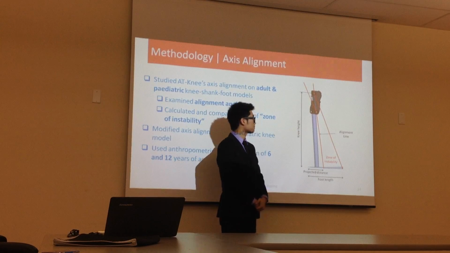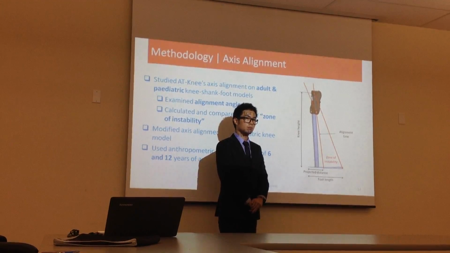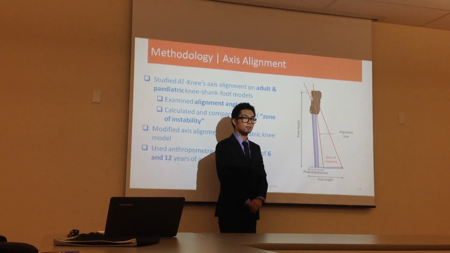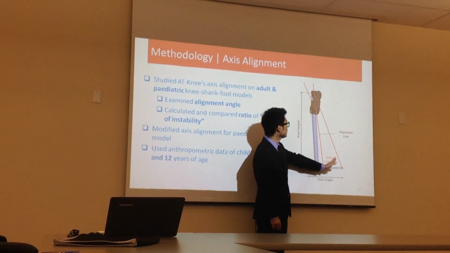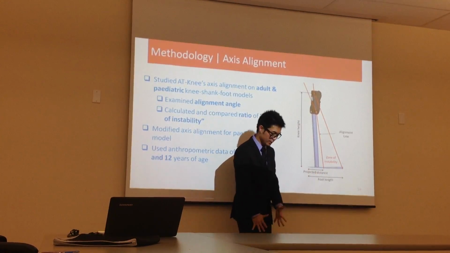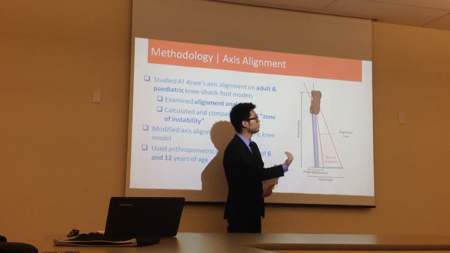So when the center of pressure is within the zone of instability, the system is locked, engaged, and when the center of pressure moves to this side of the zone of instability, the lock disengages. If it is here, it will disengage. If it is here, then it will not disengage. So at heel strike, it will remain extended, but at toe off, it can initiate the unlocking.